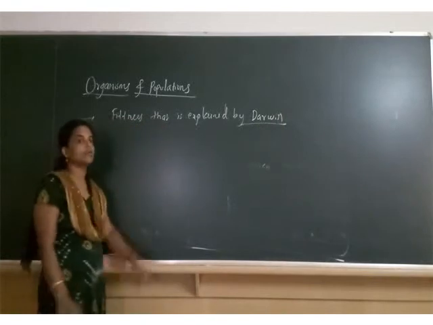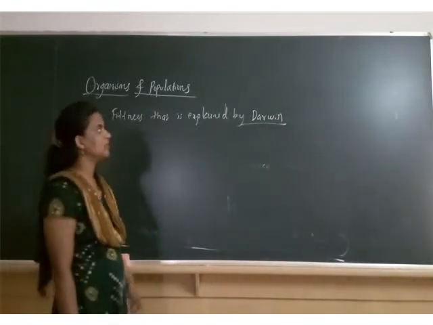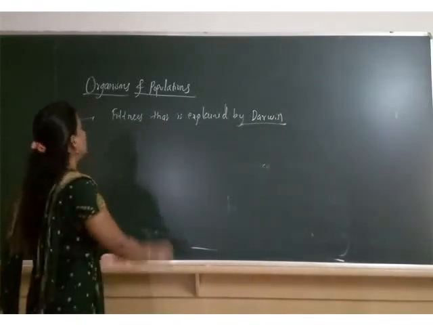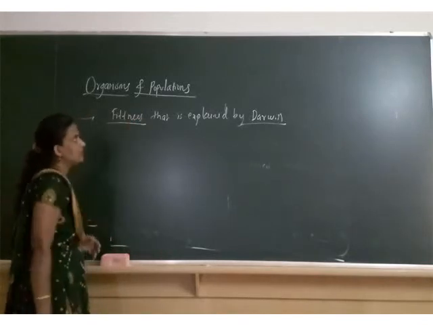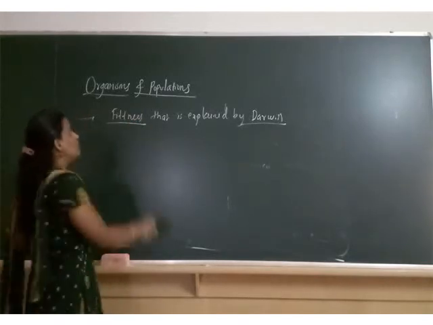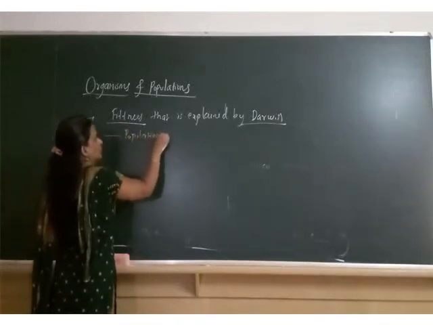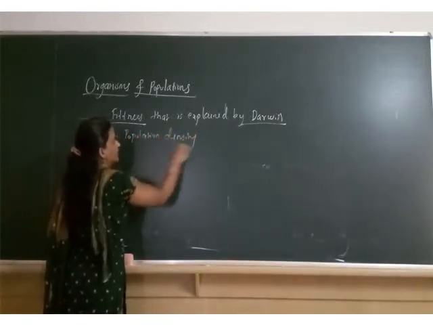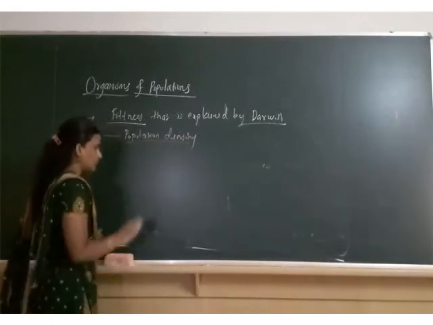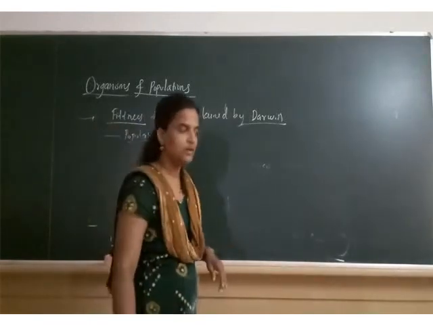Okay, he is called the father of ecology. He explains about fitness, and that fitness explains the population density, and this population density also depends on different types.